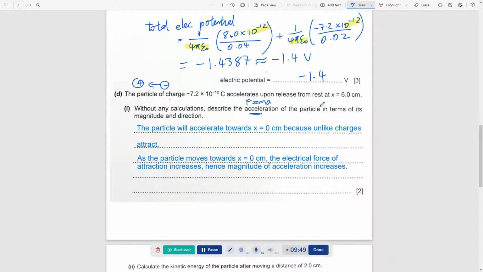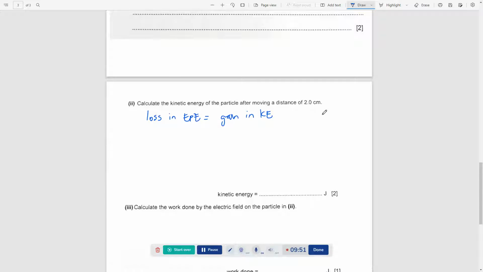You can see from here. So the loss in EPE will be initial minus final, 1 over 4 pi epsilon naught, we'll just take 8.0, negative 7.2, over 0.06. Originally, they were 6 cm away.